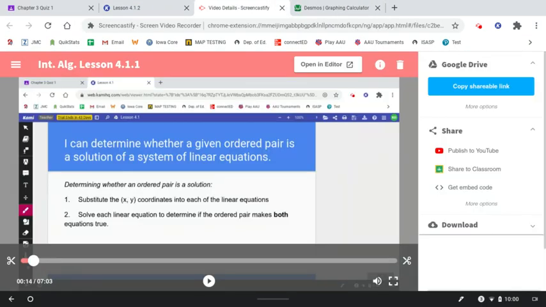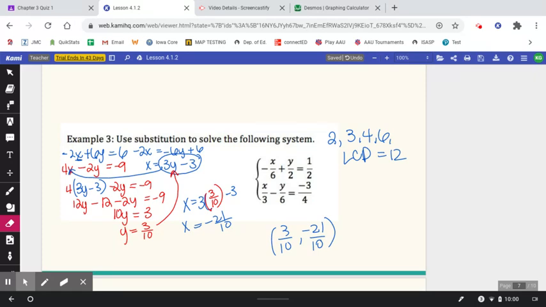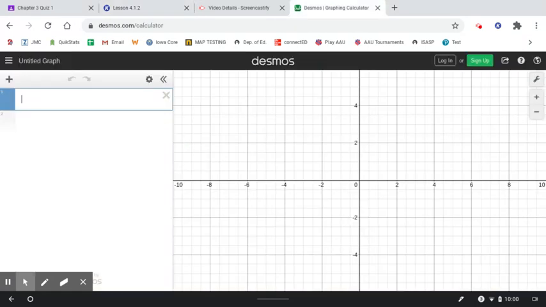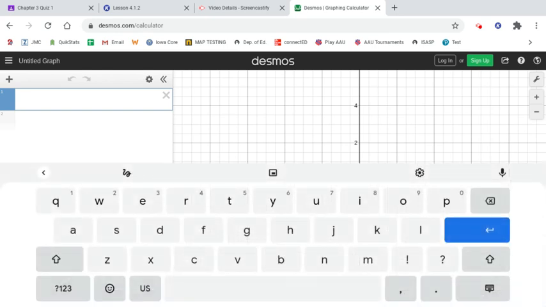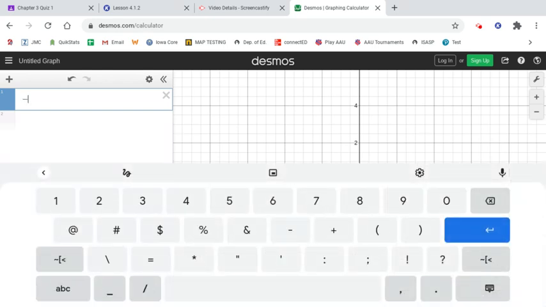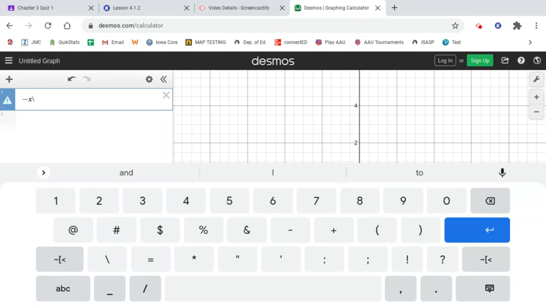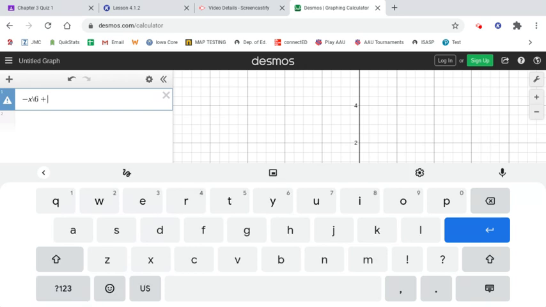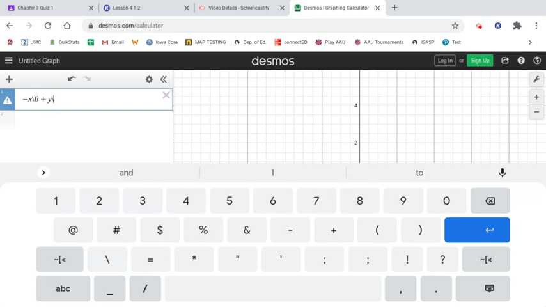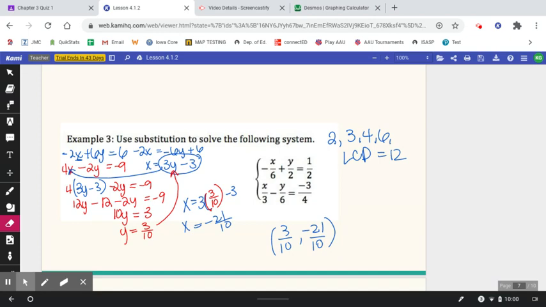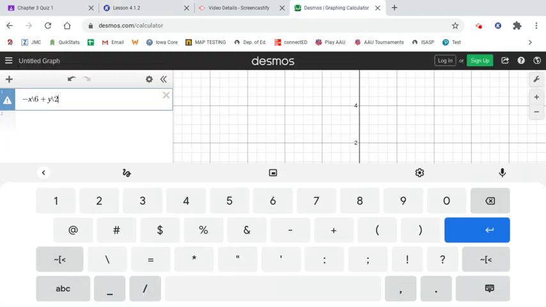So the first one is, there we go, -x/6 plus y/2 equals half.